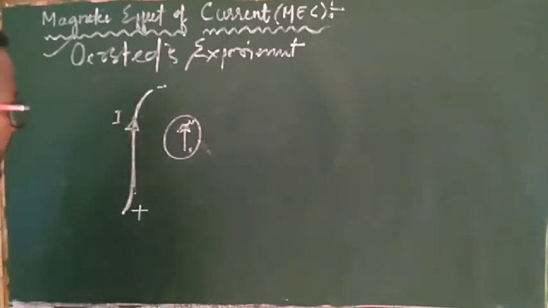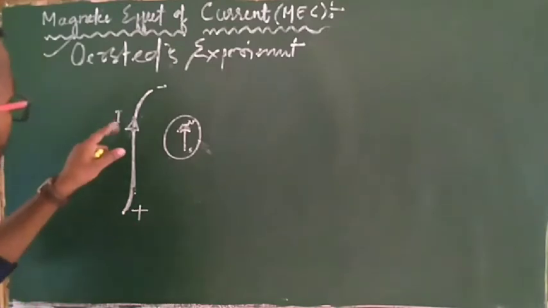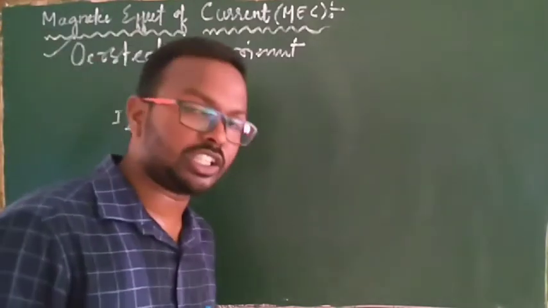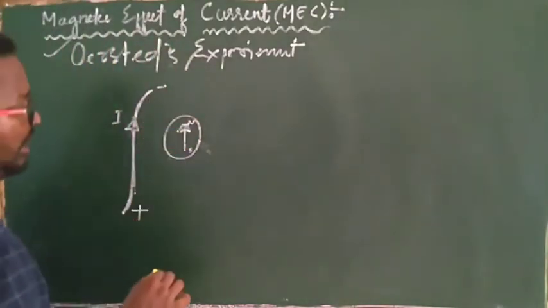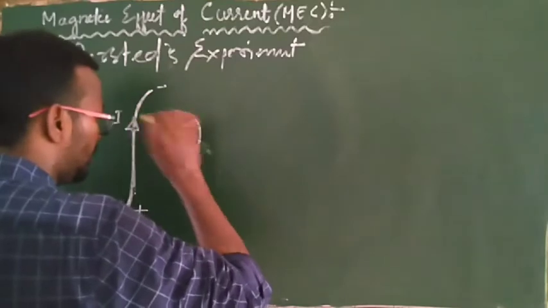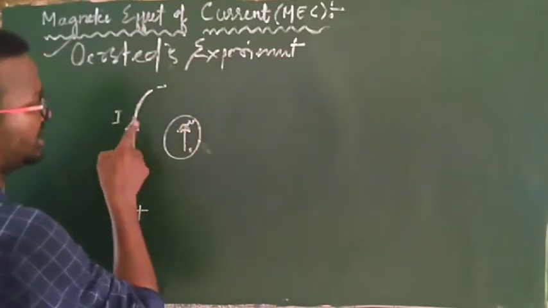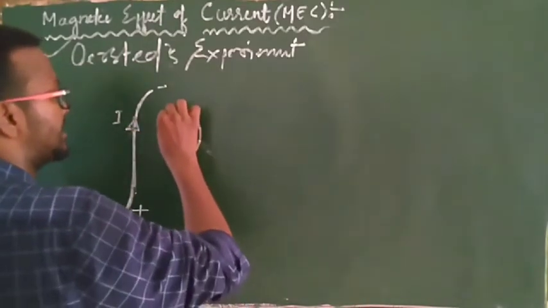then current flows from the positive terminal to the negative terminal. Due to the flow of charge inside the conductor, current flows in this direction, and we find that the magnetic needle near the current carrying wire deflects in this direction.